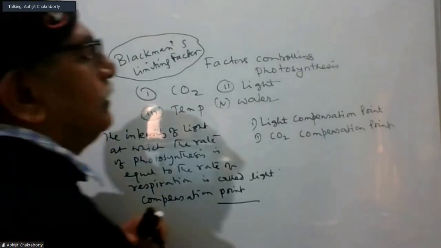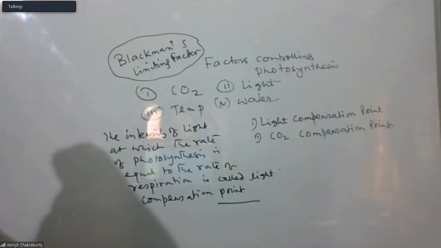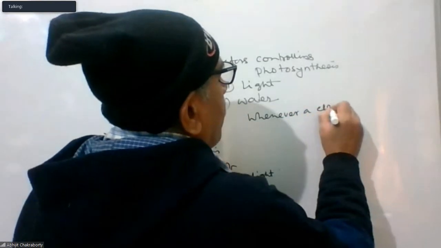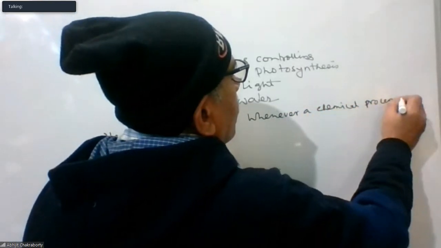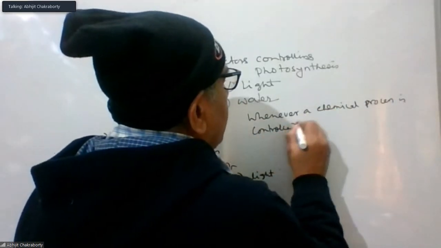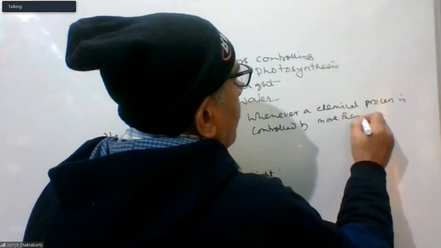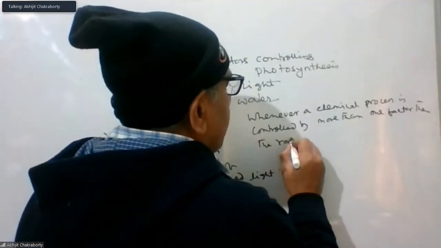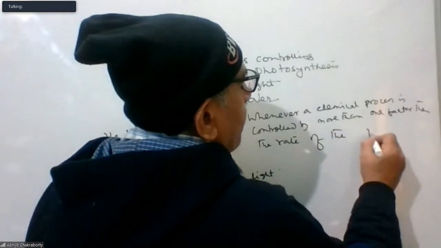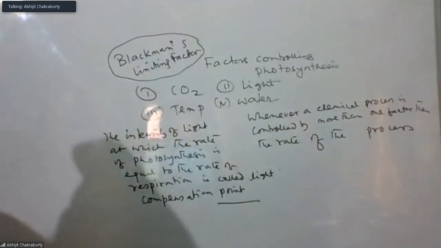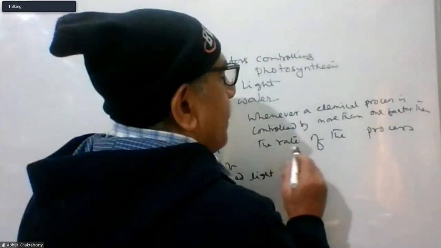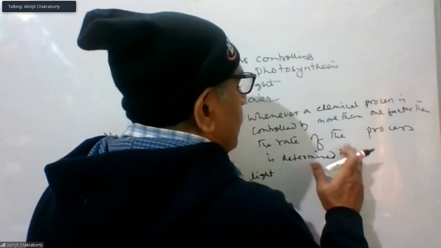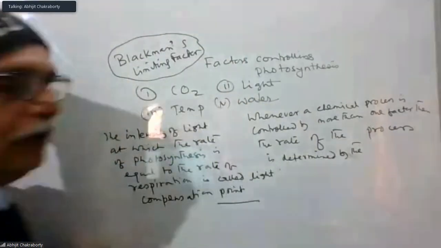Whenever a process is controlled by more than one factor, then the rate of the process is determined by the pace of the lowest factor.